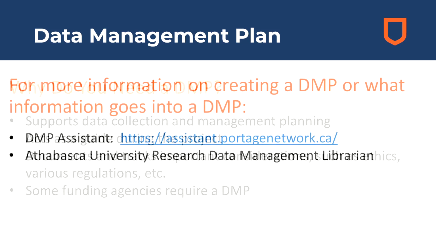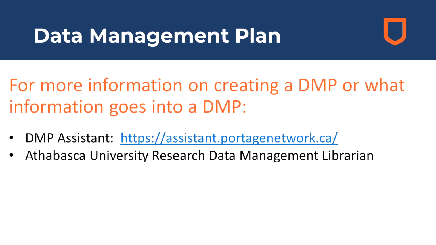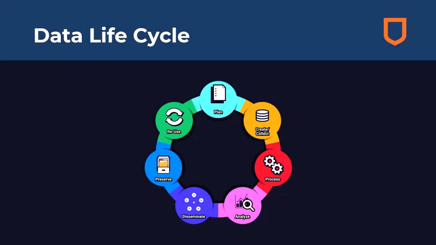Going into detail on how to make a DMP or what to include in a DMP is beyond the scope of this video. However, for more information, you can access the DMP Assistant, the link is provided here, or contact Athabasca University's Research Data Management Librarian. A core aspect of the data management plan is accommodating or planning for the data lifecycle.